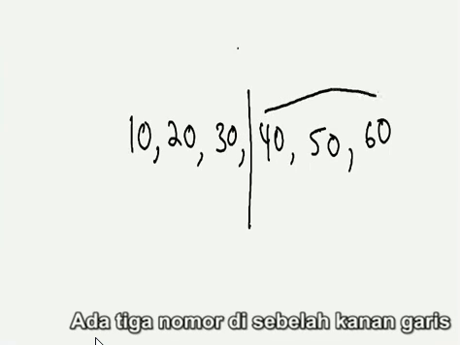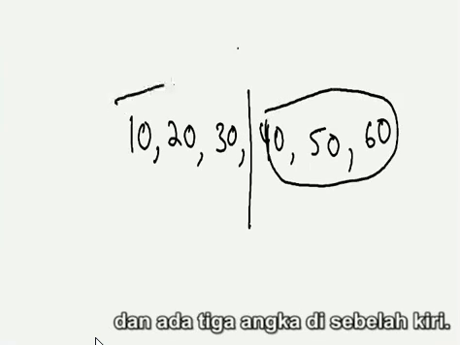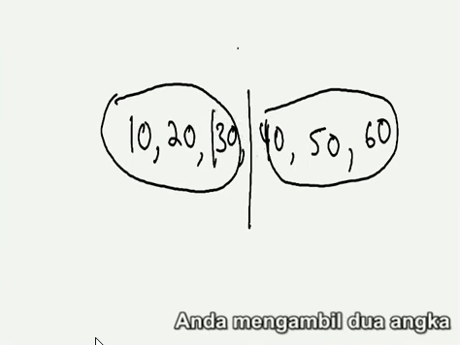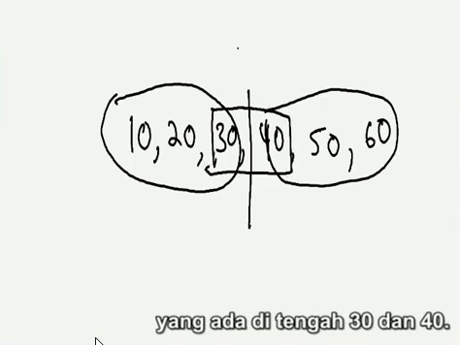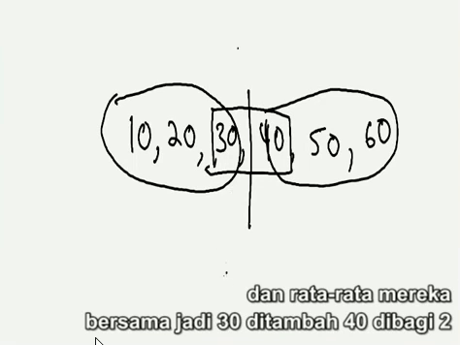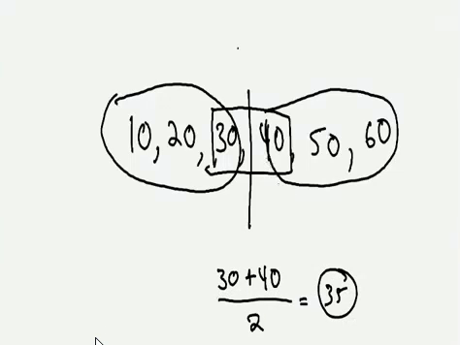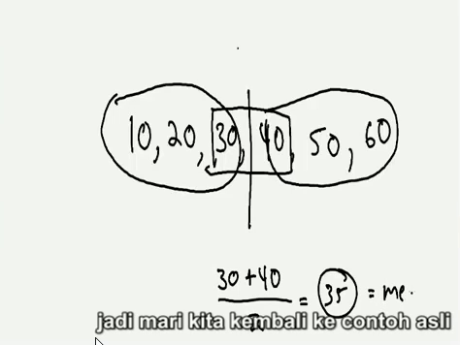Notice how there are 3 numbers to the right of the line, and there's 3 numbers to the left. So whenever this happens, you take the two numbers that are in the middle, 30 and 40, and you average them together. So 30 plus 40 divided by 2 is equal to 35. Alright, so for this particular data set, the median is equal to 35.